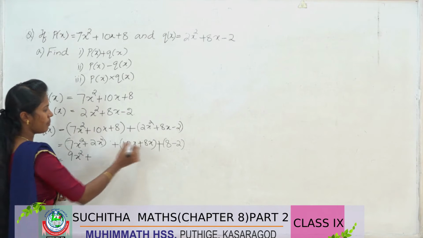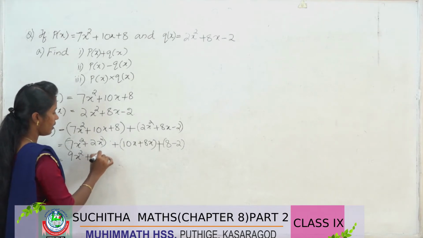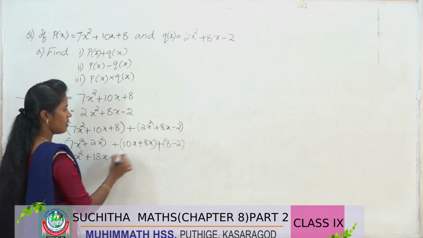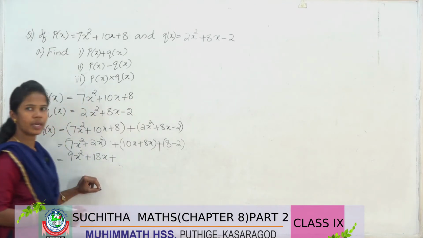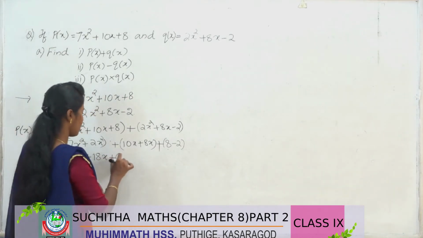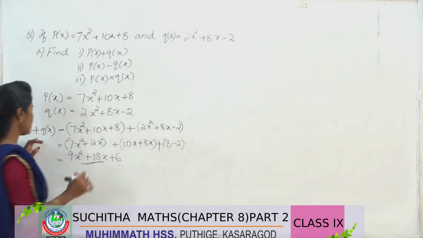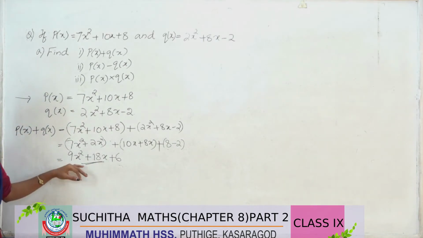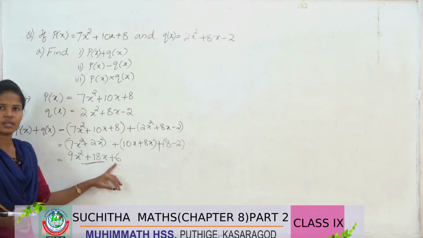Plus 10 plus 8, 18x, plus 8 minus 2, which is 6. So P of x plus Q of x is 9x square plus 18x plus 6.